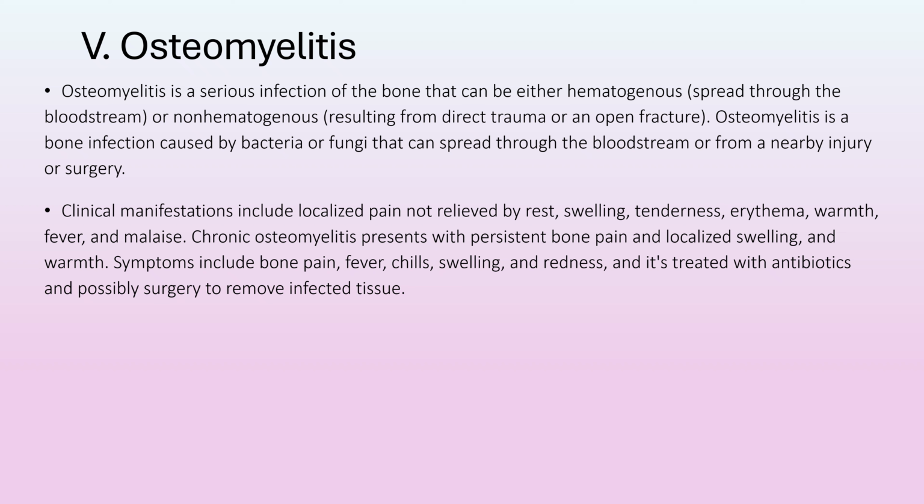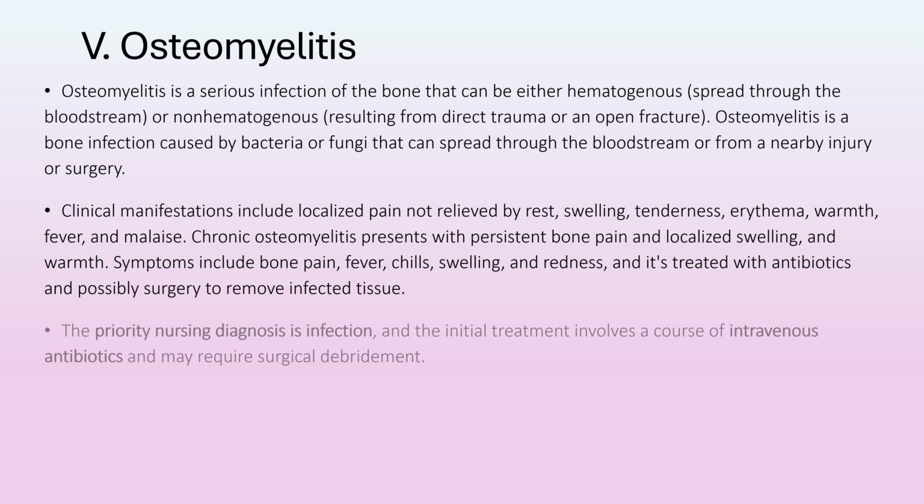Chronic osteomyelitis presents with persistent bone pain and localized swelling and warmth. Symptoms include, of course, bone pain, fever, chills, swelling, and redness. It's treated with antibiotics and possibly surgery to remove infected tissue.